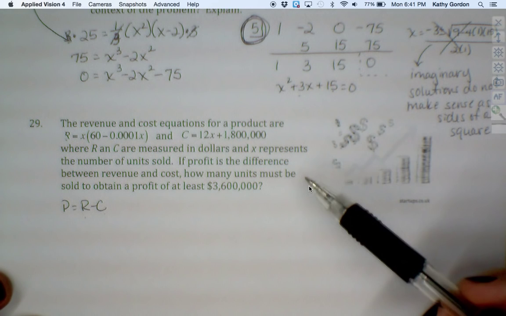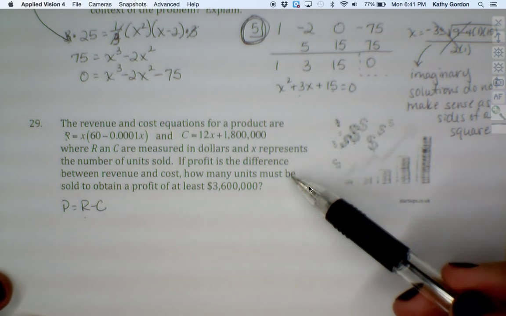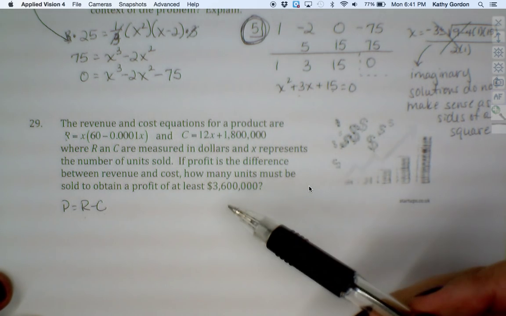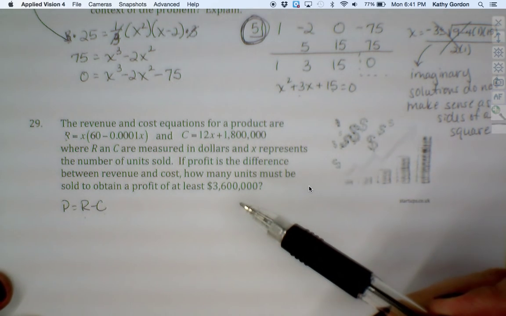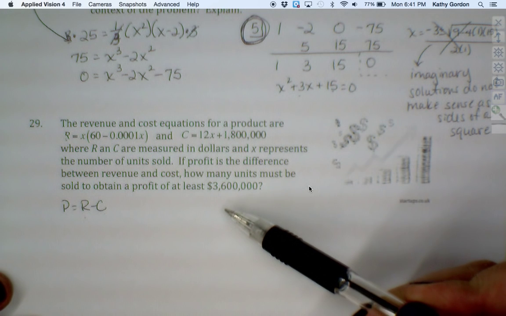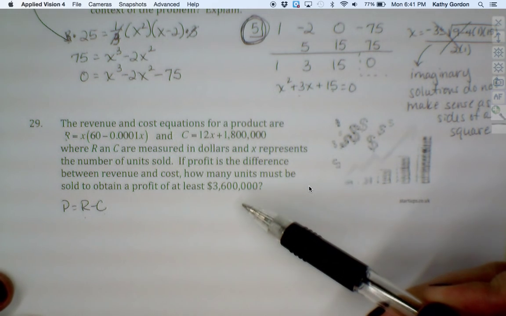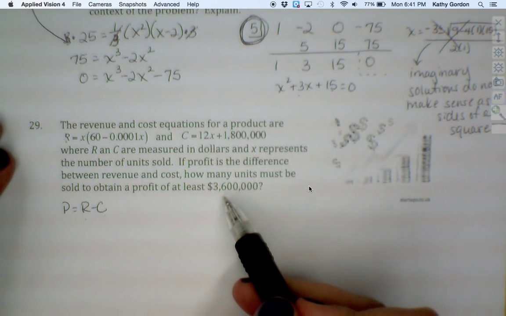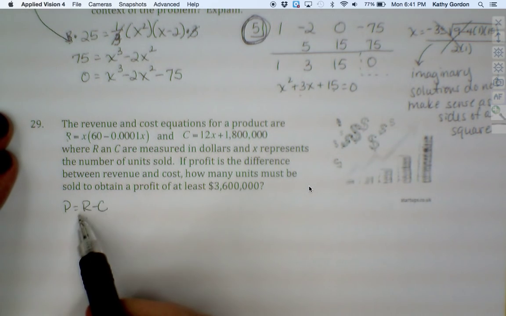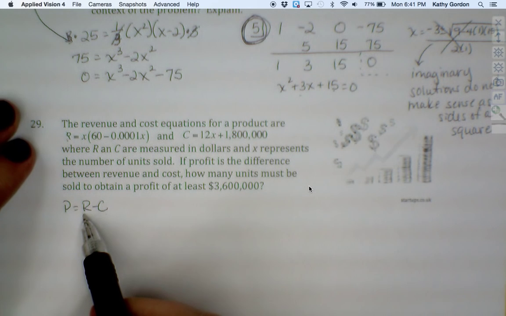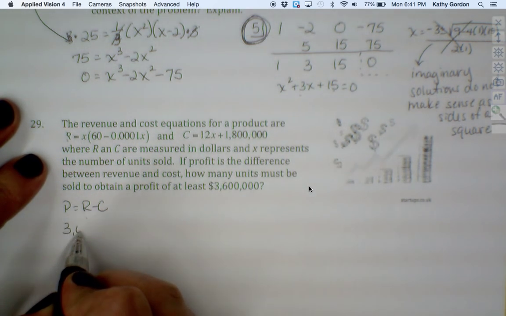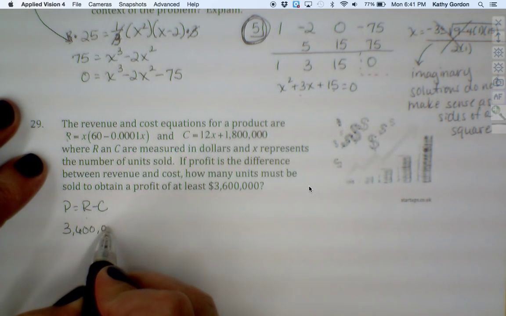So how many units must be sold to obtain a profit of at least 3,600,000? Basically we're going to start plugging things into this simple equation. We want a profit that is 3,600,000.